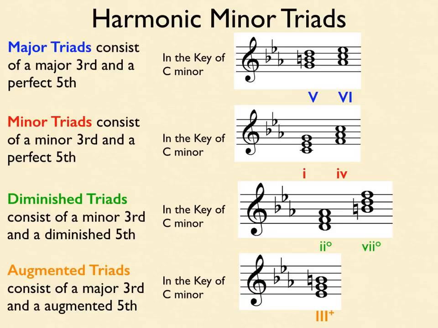And the augmented triads are capital Roman numerals, but with the augmented symbol, which is that plus sign next to them, and that just distinguishes them from major triads because they're also capital Roman numerals. So you should be familiar with these different ways of writing down the Roman numeral system. Depending on the quality of the triad you're working with, it's going to be quite different Roman numerals you're going to be using.